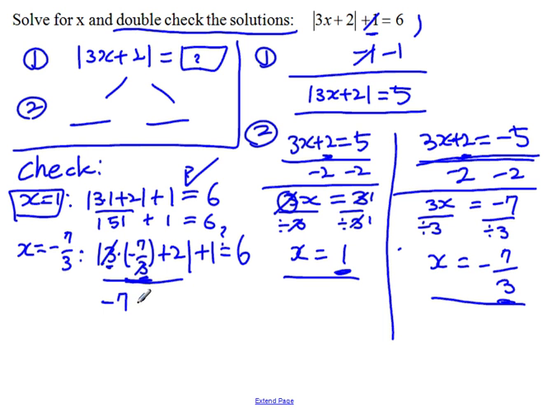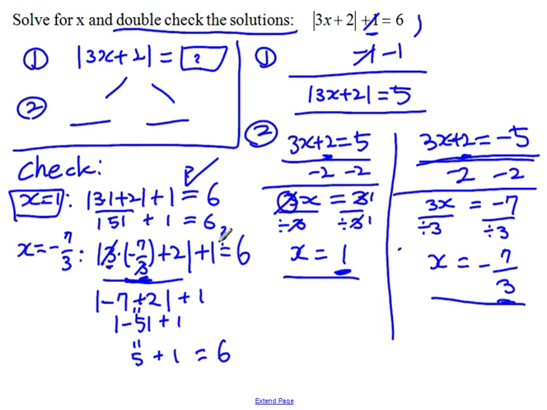So negative 7 plus 2, that's the absolute value, plus 1. This is the left side. And negative 7 plus 2 is negative 5, and its absolute value is 5, right?